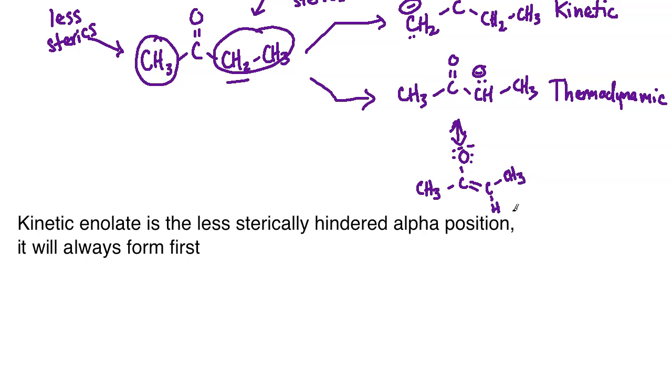Now the reason that this is called the thermodynamic or the more stable product is because if I look at a carbon-carbon double bond, one of the things that helps to support carbon-carbon double bonds is hyperconjugation. Okay, and so hyperconjugation is going to be looking at the donating effects or the slight donating effects from any CH hydrocarbon groups surrounding the p orbitals associated with the carbon-carbon double bond here.